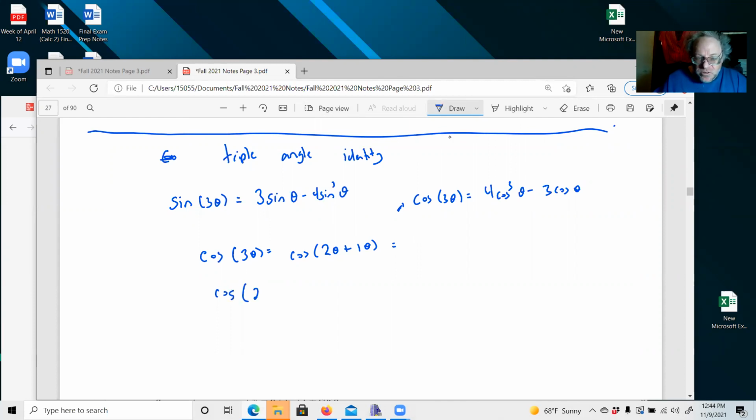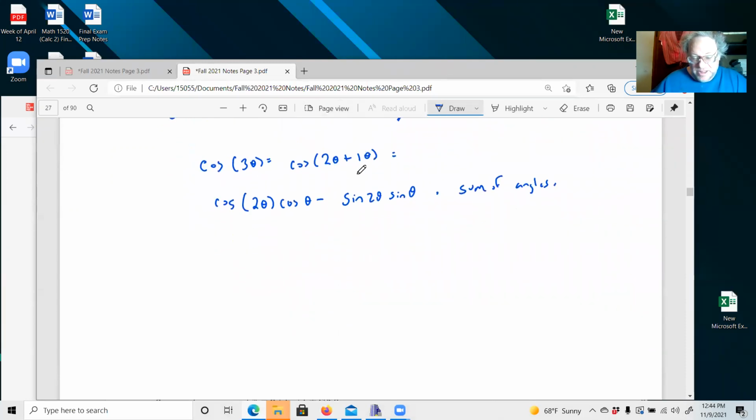So this is cosine 2 theta cosine theta minus sine 2 theta sine theta. This was from sum of angles. Yes, you need to know the sum of angles for this exam. Now you have to know the double angle formula because that's one of the things that was on here, and it's going to help you for a long, long time. So please do sum of angles.